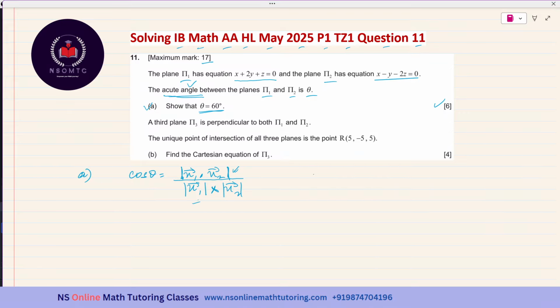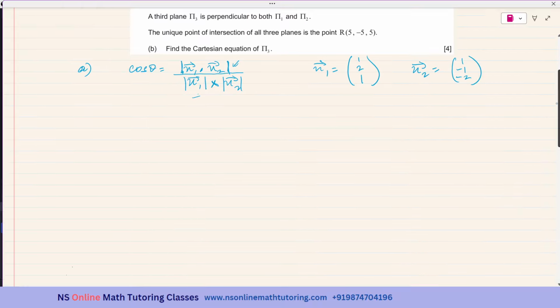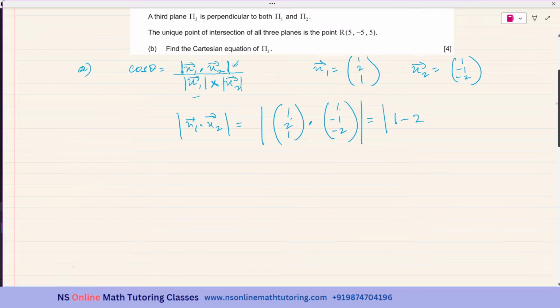Let me write what n1 and n2 are separately. n1 is (1, 2, 1), and n2 is (1, -1, -2). So the absolute value of n1 dot n2 is equal to (1, 2, 1) dot (1, -1, -2). That is 1 times 1, plus 2 times negative 1, which is negative 2, plus 1 times negative 2, which is negative 2.